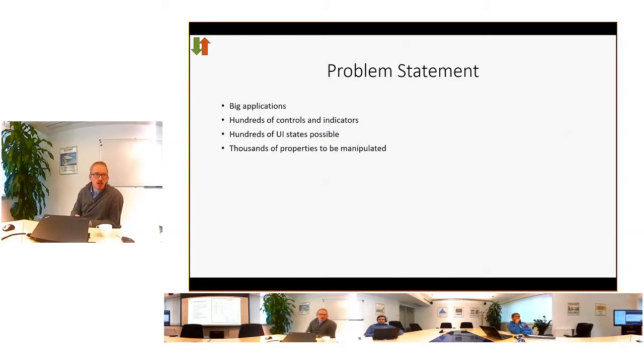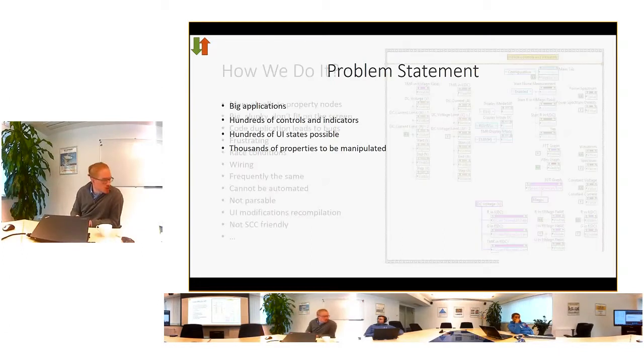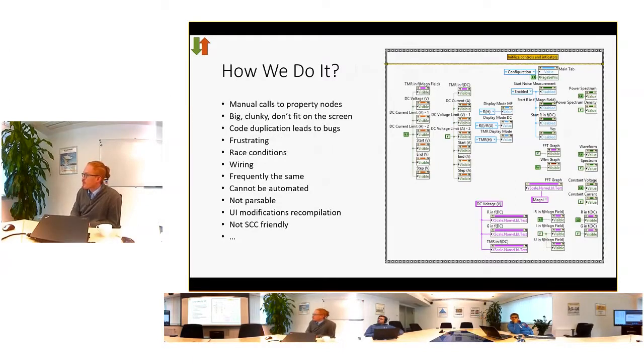Well, like I said, we need to have multiple user interface properties on the block diagram. And usually, it takes a while. It takes a while to add all of those properties to the user interface. It takes a while to wire them.